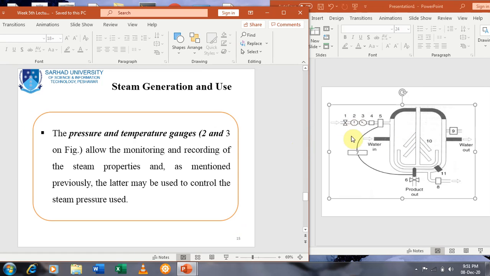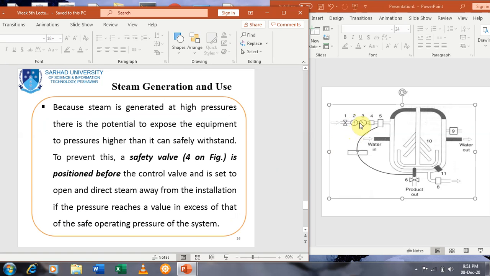The pressure and temperature gauges, that is 2 and 3 in the figure, allow the monitoring and recording of the steam properties, and as I mentioned previously, the latter may be used to control the steam pressure used. The latter means the temperature that is used to control the steam pressure, because steam is generated at high pressures, as I told you earlier.